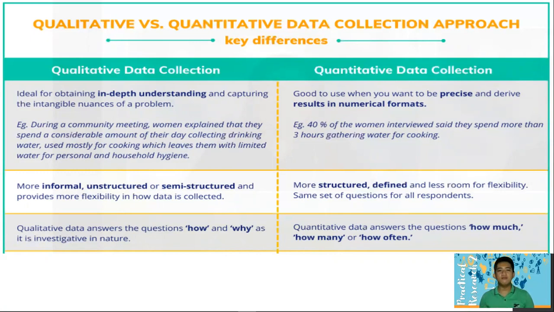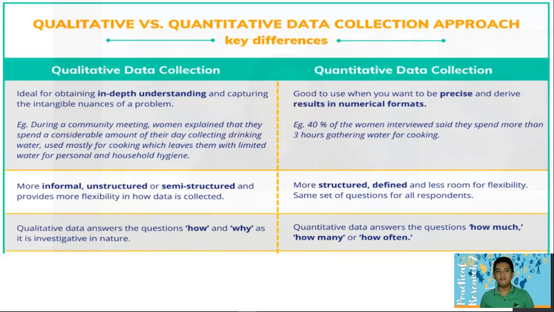40% of the women interviewed said they spend more than 3 hours gathering water for cooking. In the qualitative data, it is not specified how many hours of the day were spent collecting water. They only say that they spend a considerable amount of their day.